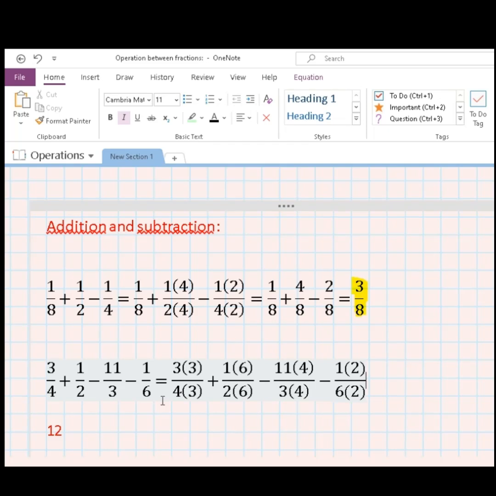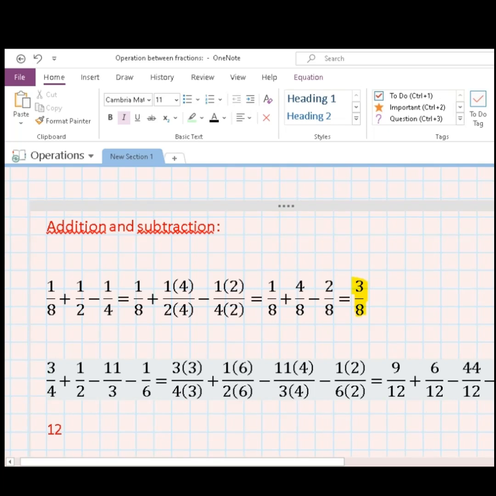And after that, we will begin to operate. 3 times 3, it's 9, over 4 times 3, 12, plus 1 times 6, 6, over 2 times 6, 12, minus 11 times 4 is 44, over 12, because 3 times 4 is 12, minus 1 times 2, 2, over 6 times 2, it's 12.